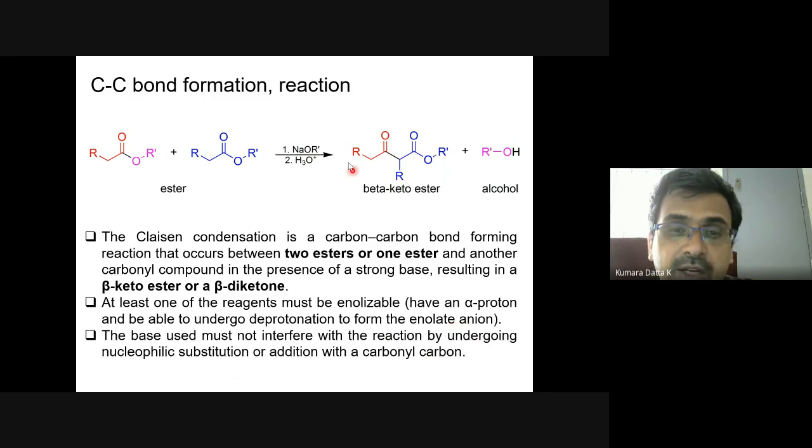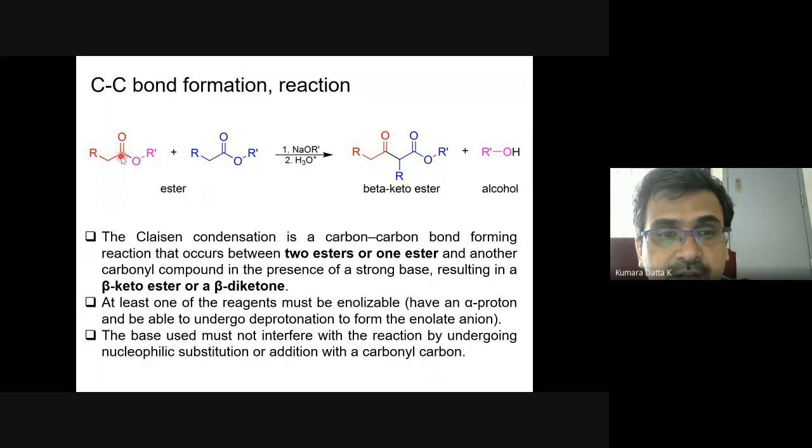Again, you should use a base that should not interfere through addition or substitution at the carbonyl carbon. So the base should not affect the esters. Such kind of things you want to take.